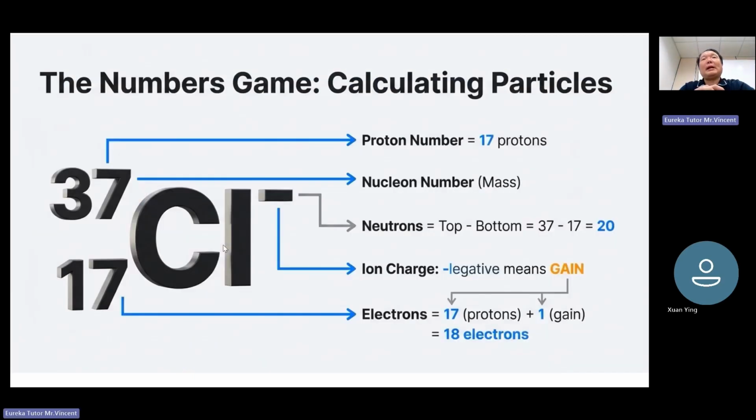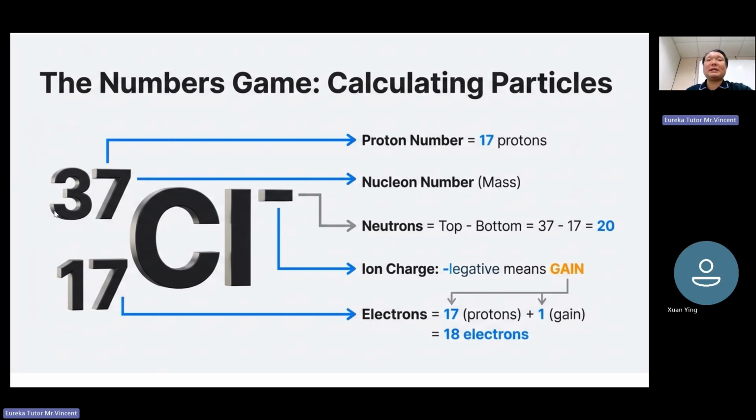Next, the numbers game, calculating particles. You can see the element with a number on top and a number at the bottom. From today onwards, if you still cannot remember, please jot down and remember: neutrons equal the nucleus number minus the proton number.